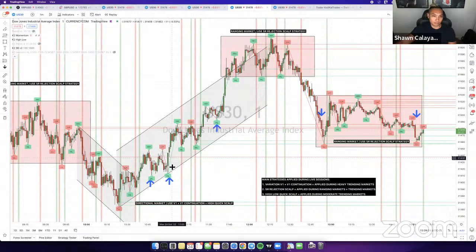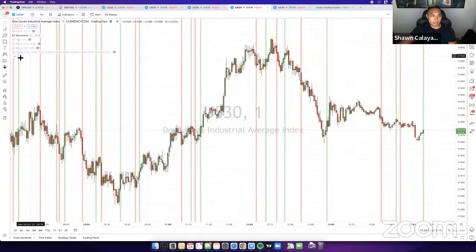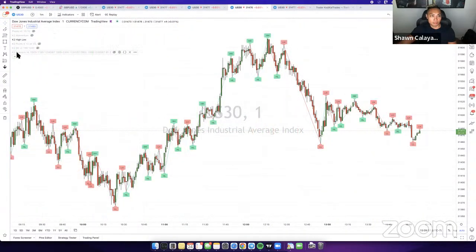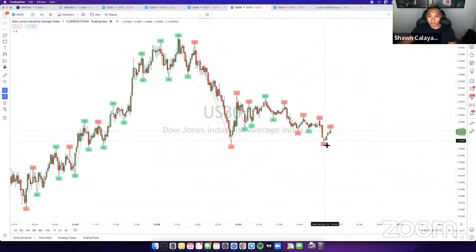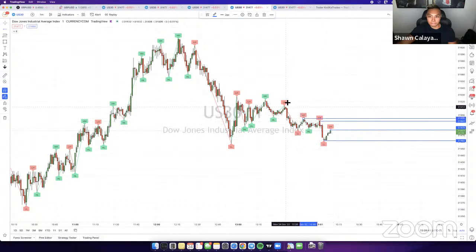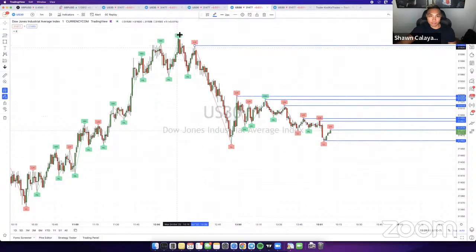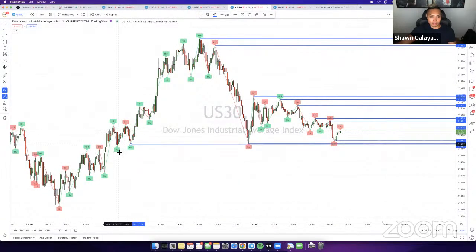If you guys have trouble identifying market structure, because I can see here that some people may have trouble looking for this, just turn on the high-low indicator. And all you got to do is draw the high lows, right? If this is your issue, you just draw your high lows like that. And once you have these all drawn up, really all you got to do is zoom out.